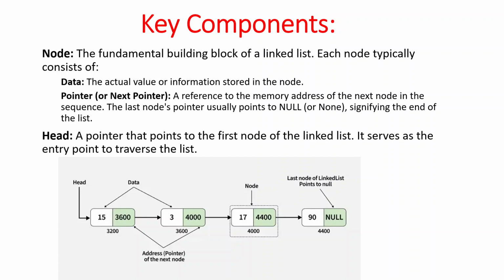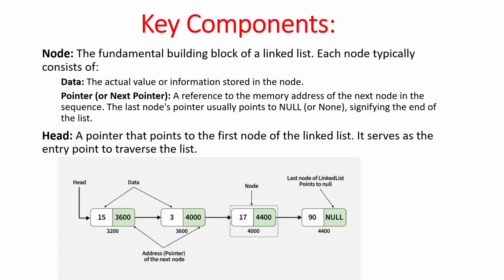As you can see in the diagram, the first node is called the head, its data part contains 15, and its address is 3200, and it points to the next node, which contains the address of the next node, 3600.